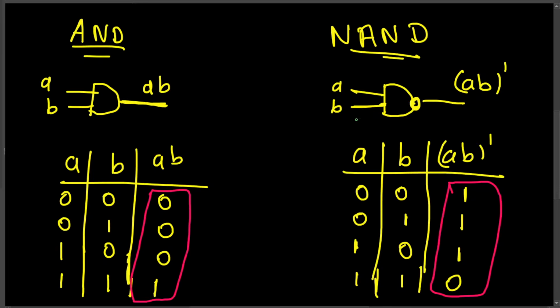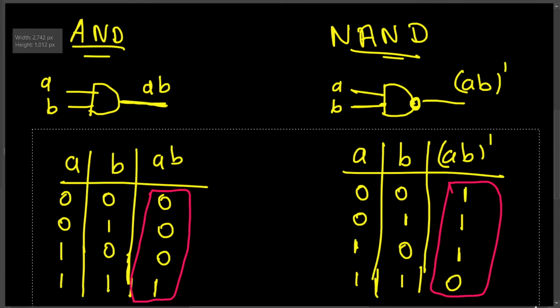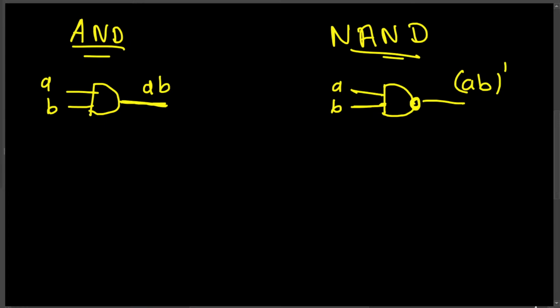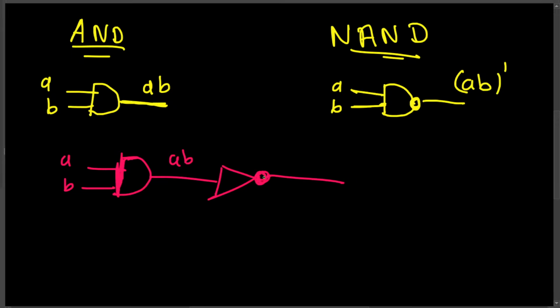If you want to draw a NAND gate, you can actually create a NAND gate with the AND gate and NOT gate as well. I'm going to show you the design. Let's say we have an AND gate here, and the input is AB, and the output is going to be A times B. Then if we attach a NOT gate to this, we are going to get AB prime.